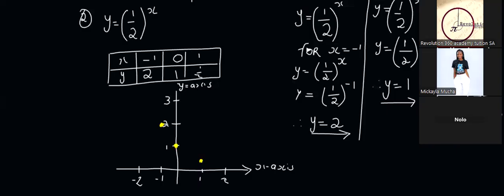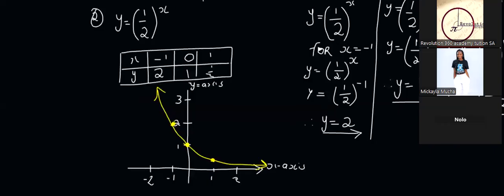But your graph should not touch the x-axis, because the x-axis acts as an asymptote. So it basically means, since now you can see the difference of these two graphs, if I were to draw them on the same system of axes, remember this one, remember the other one, it moves like this.